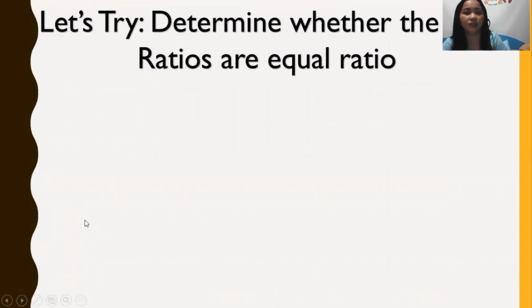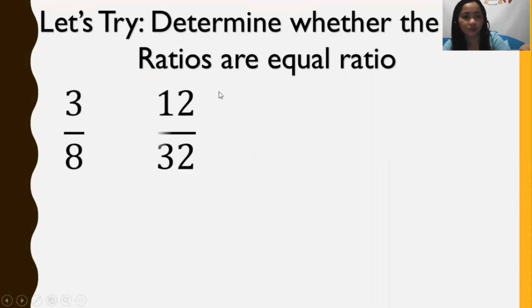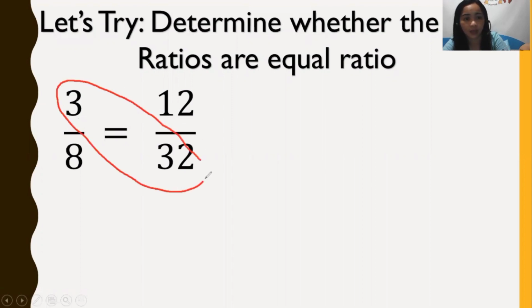Okay, let us determine whether the two ratios are equal. So we have 3:8 equals 12:32. Let's cross multiply the given. We have 3 times 32 is 96, and 8 times 12 is also 96.